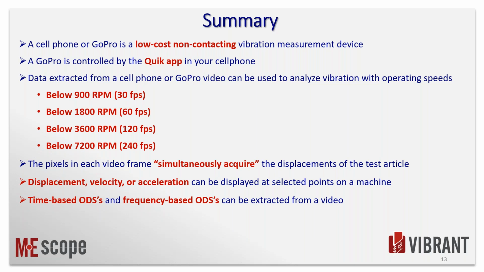And here are the different sample rates. Same for a cell phone: 30 frames per second, 60, 120, 240. But when you convert those over to RPM of a rotating machine, those are half. And we call that the Nyquist frequency.